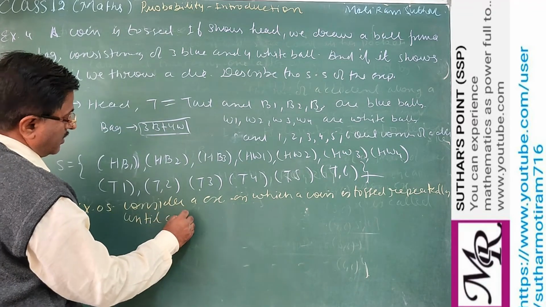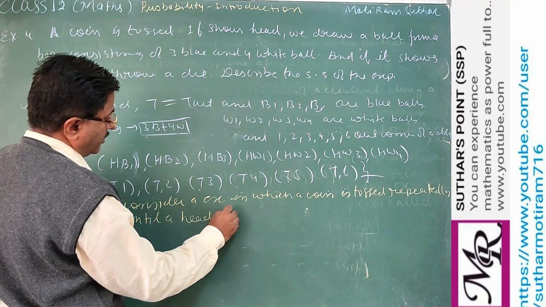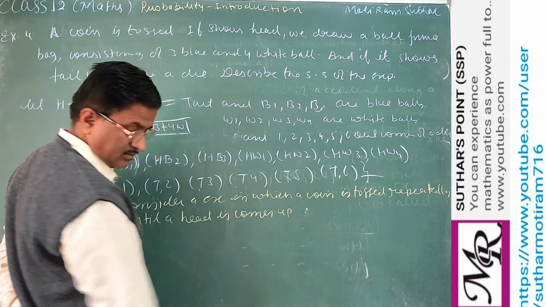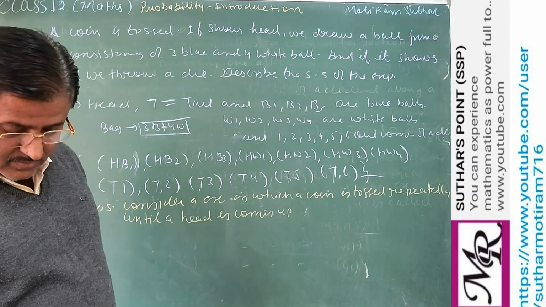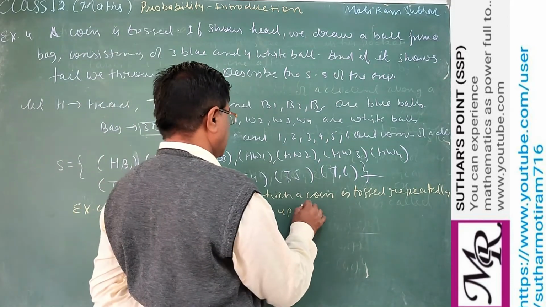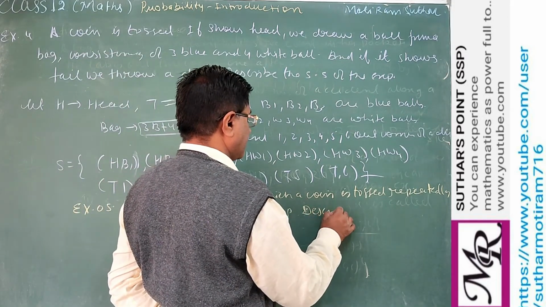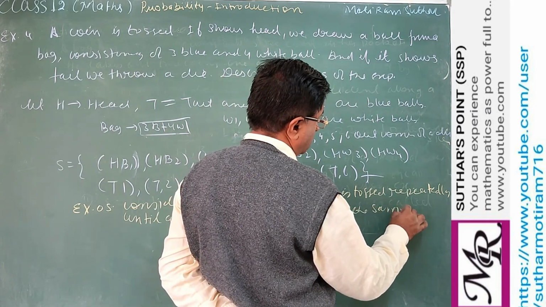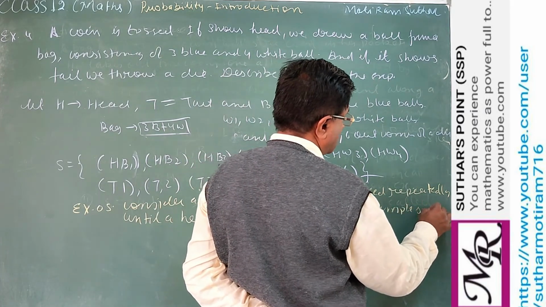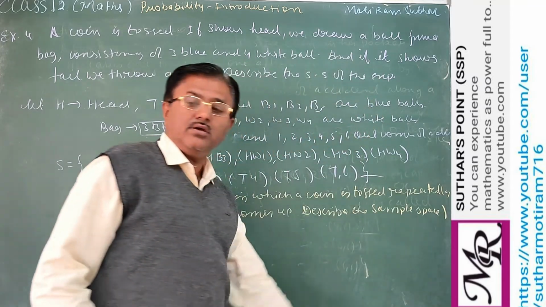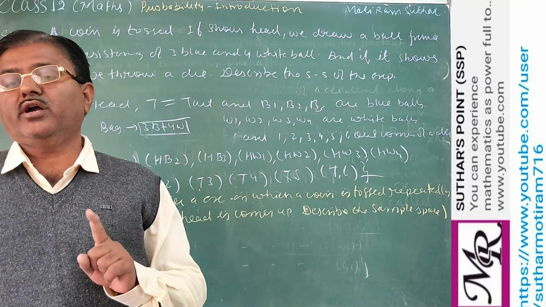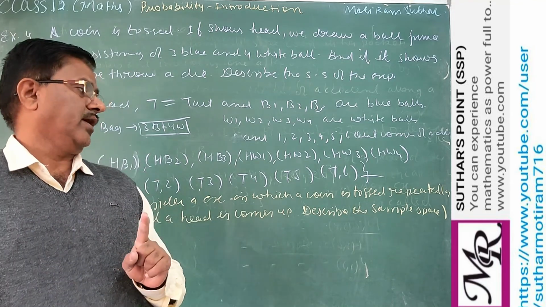Describe the sample space. Means we are throwing a coin again and again till it not turns up in head.